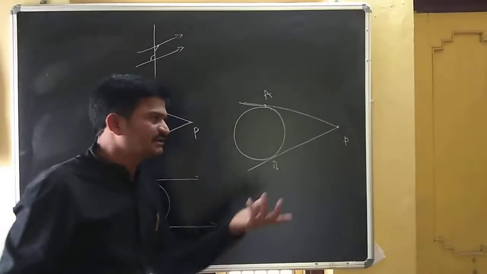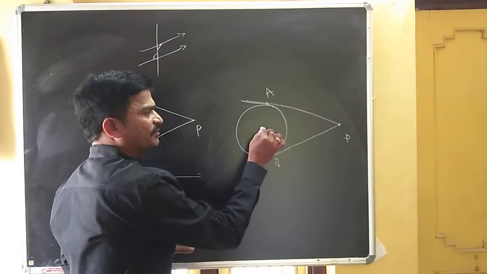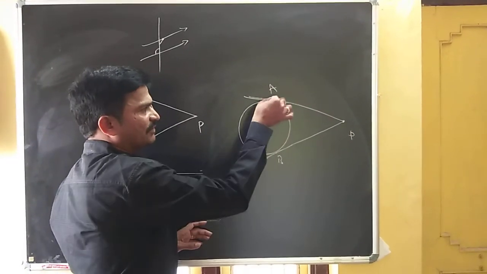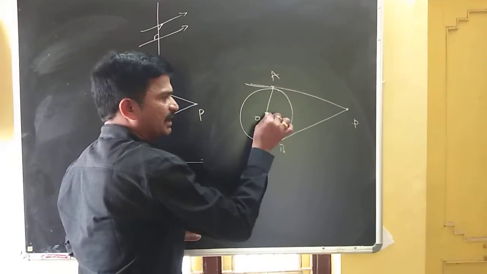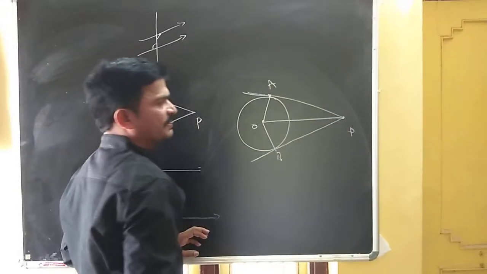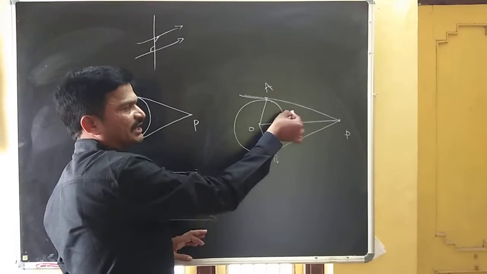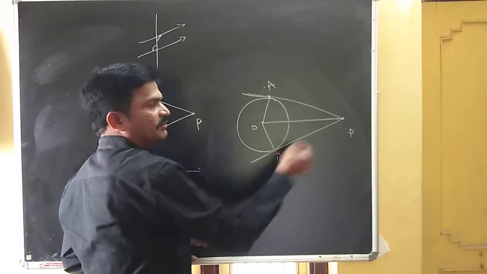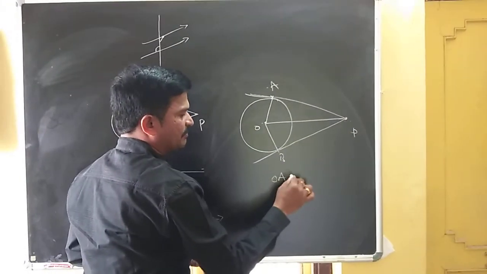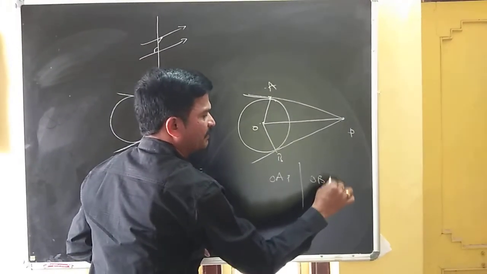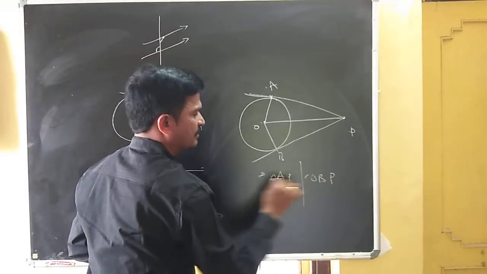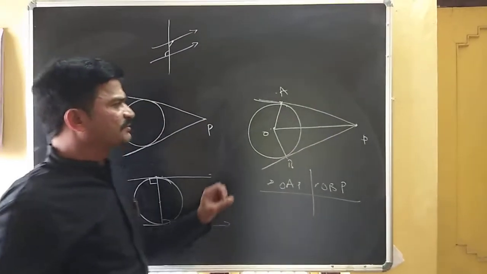That also we learned in our earlier classes. How did we prove that one? Here mark the center O, and we have joined OA, OB and OP. Clearly we can observe there are 2 triangles, triangle OAP and triangle OBP.